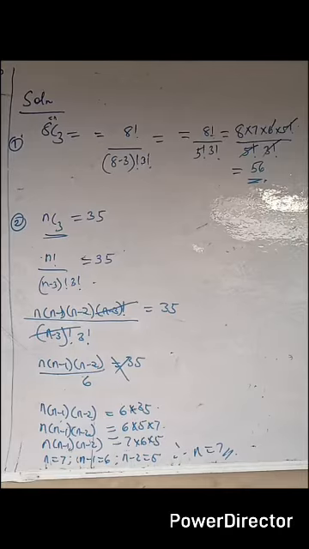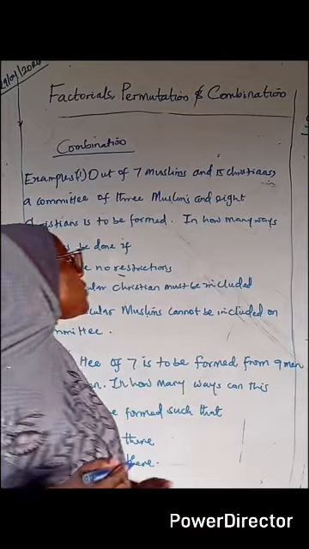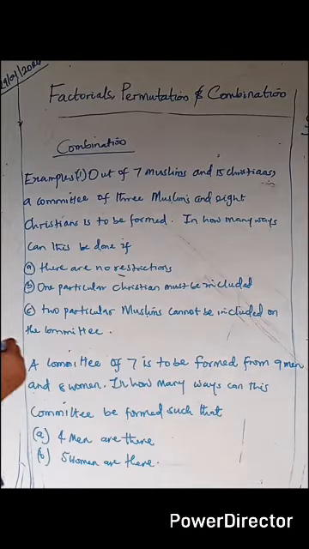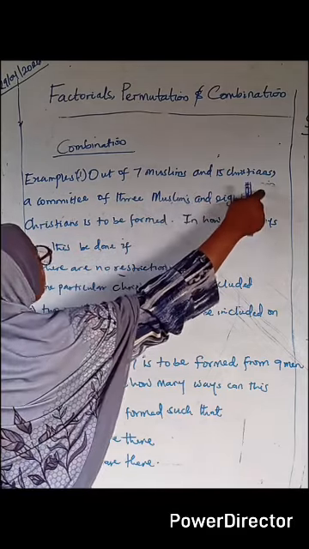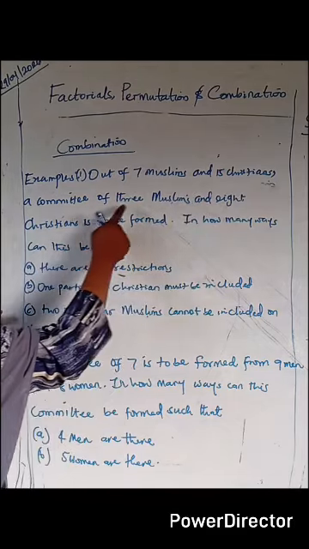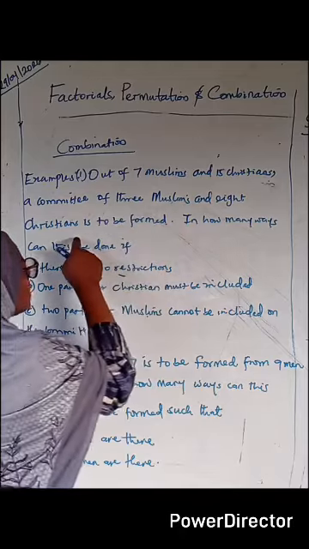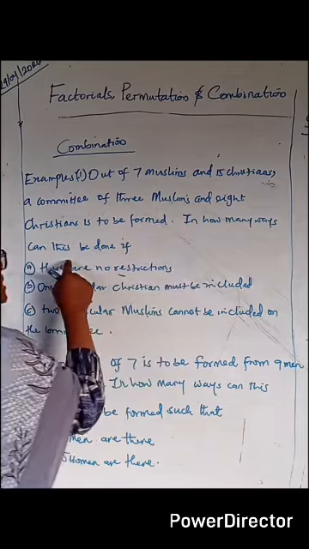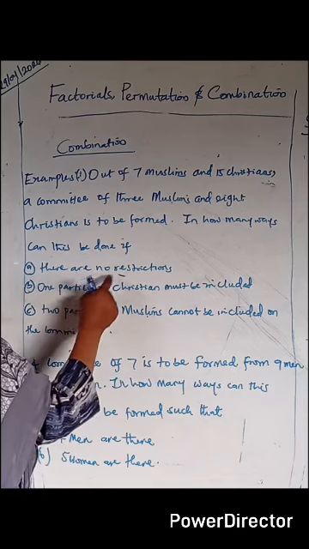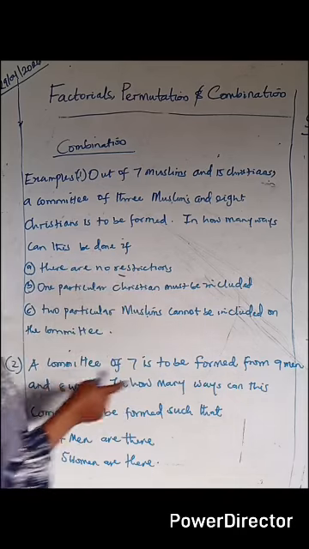So now let's quickly look at these two questions. Question 1. Out of 7 Muslims and 15 Christians, a committee of 3 Muslims and 8 Christians is to be formed. In how many ways can this be done if there are no restrictions?